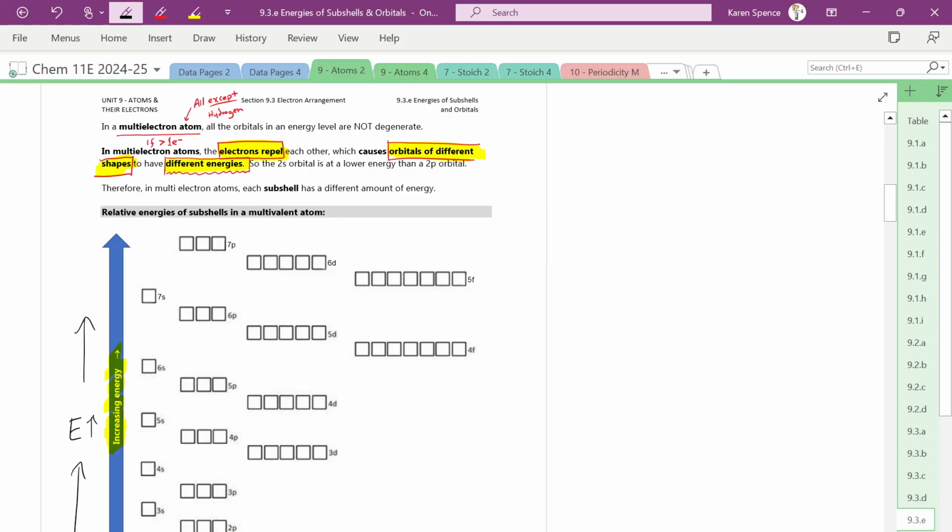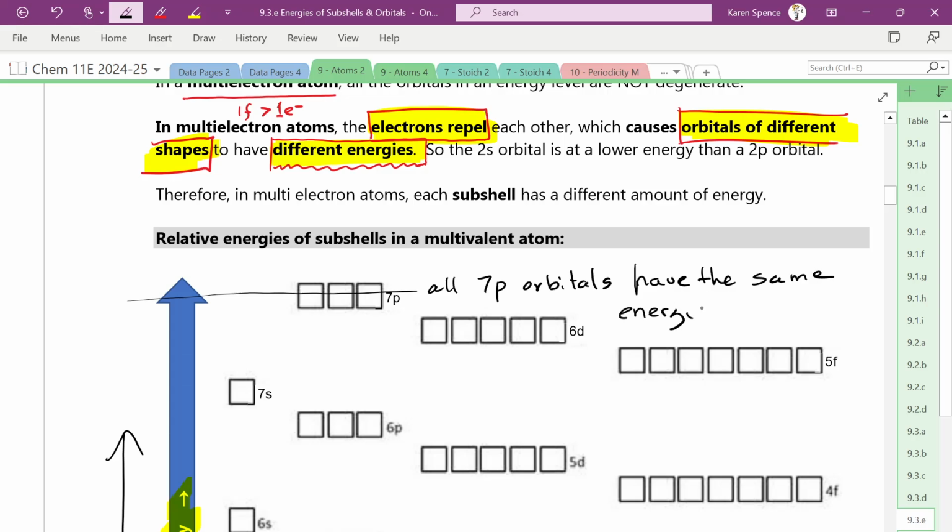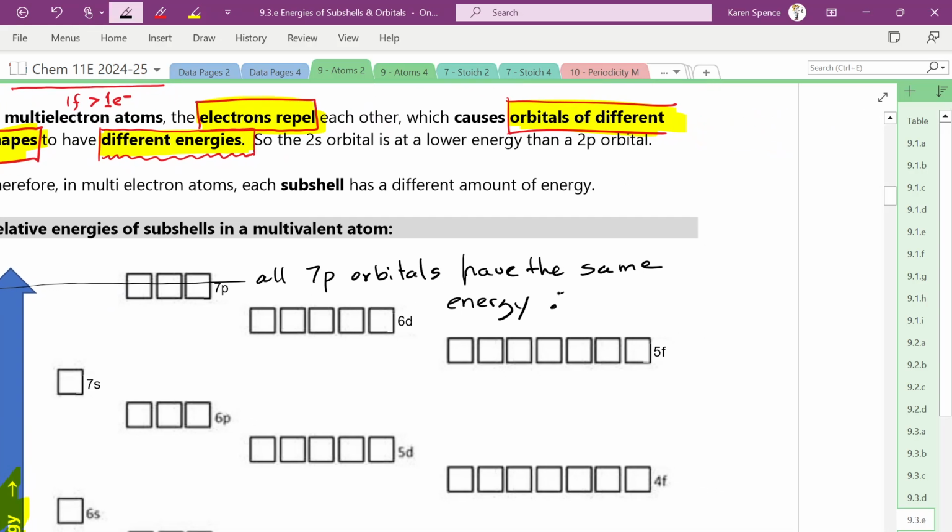And if we look at all the 7p orbitals, all the 7p orbitals have the same energy. They're not higher or lower than one another. What that means is that therefore they are, what's that new word we learned? Degenerate.